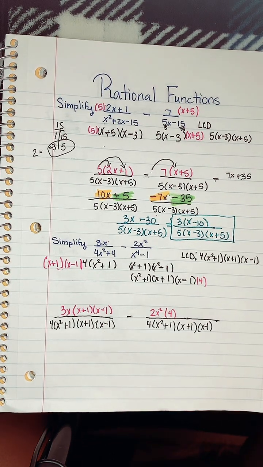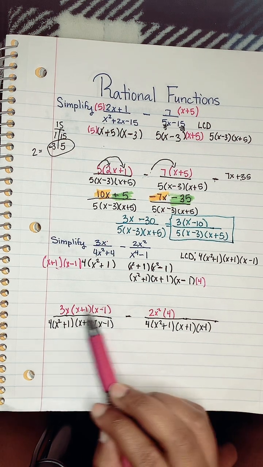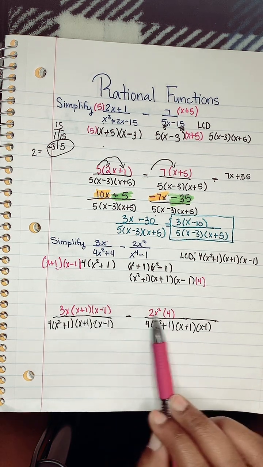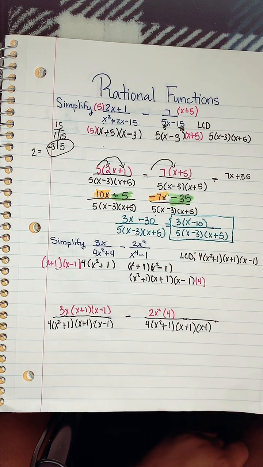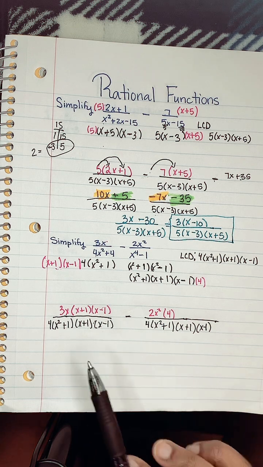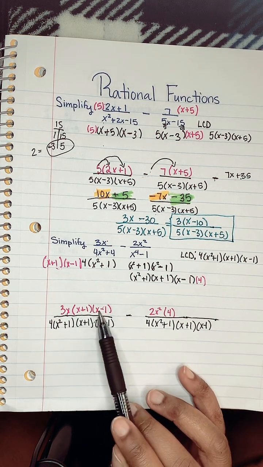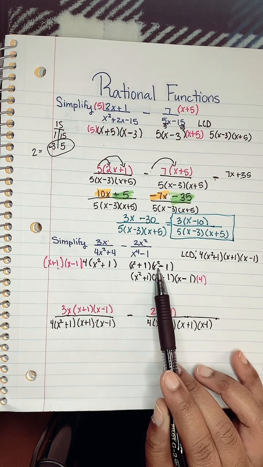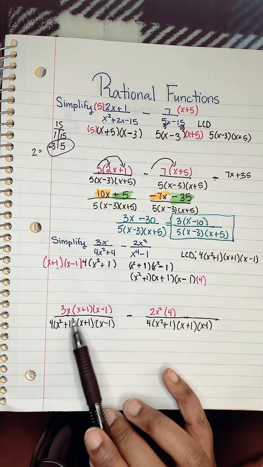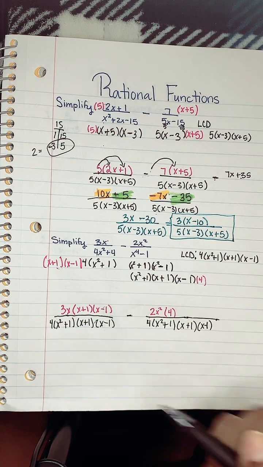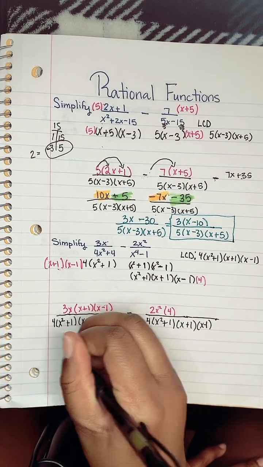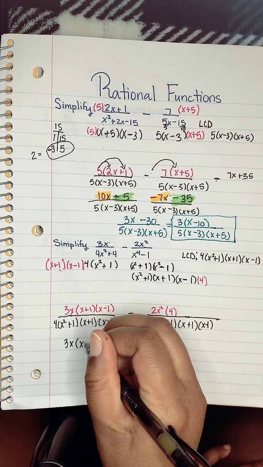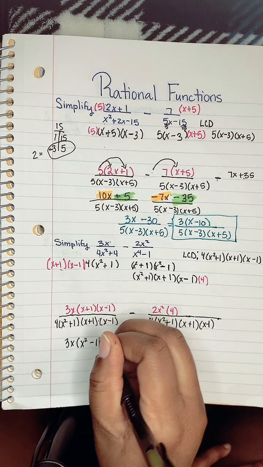All right. Now, this is where it gets a little hectic, right? Because we have to multiply this all out, and we got to multiply this. Well, let's go back a step. Remember how we factored this was from here, x squared minus 1, right? So this is a difference of squares. So we could do 3x times x squared minus 1.